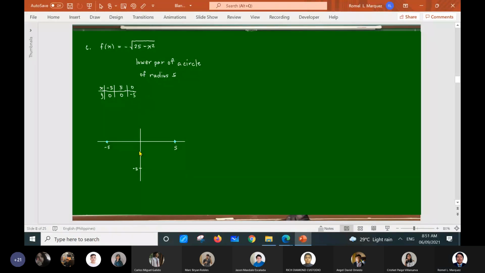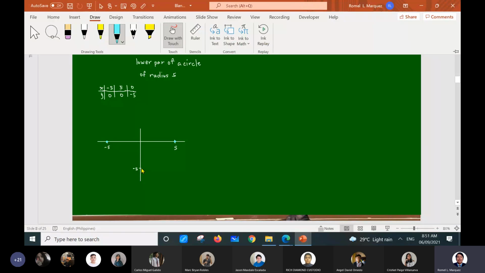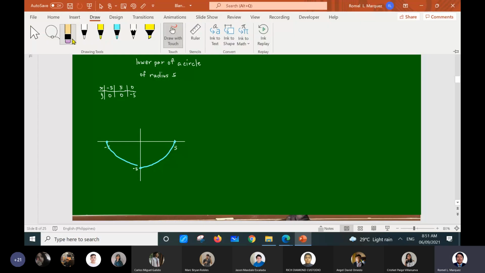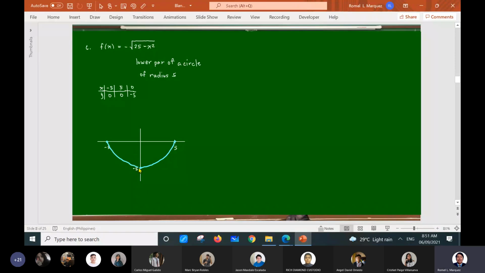So this is the circle, the lower part of the circle. It's hard to draw that because it's a circle. Let me revise this part. It's supposed to be a semicircle, but unfortunately, I can't make it perfect. Okay, guys? Get it, children?